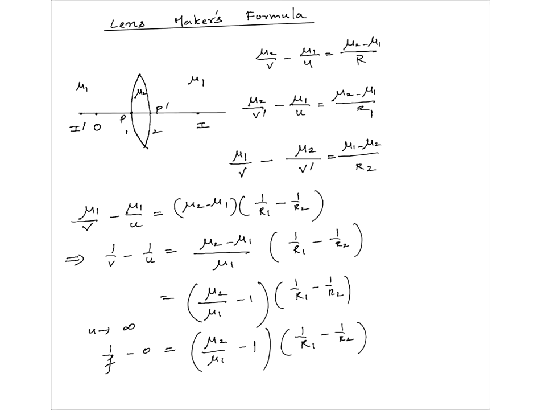Most of the times, outside is air. In that case, if outside is air, mu1 is 1. I am writing mu2 as just mu. That is called lens maker's formula.